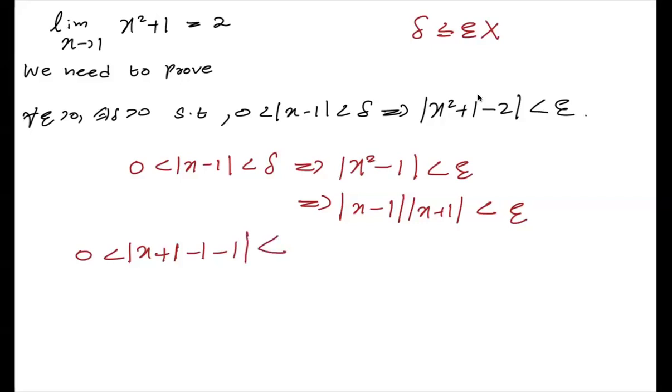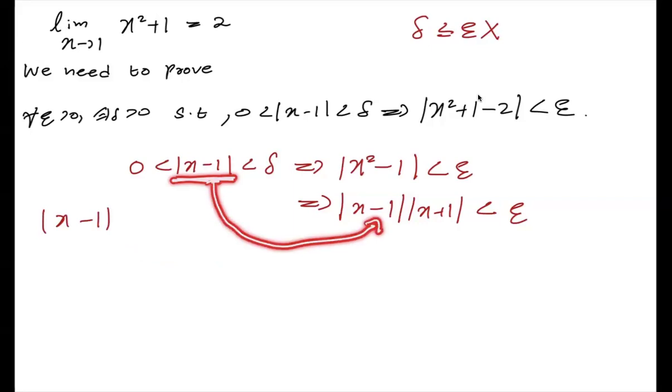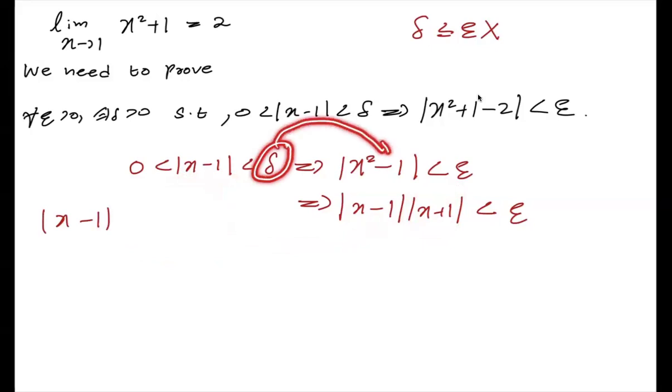Less than, then I will write it this way: x minus 1. This is the inequality I have here, the value I have here. So I have to start with this one, get an inequality with this one, and get some inequality toward this one, because I need to start from some delta value here. I need to show this value exists.